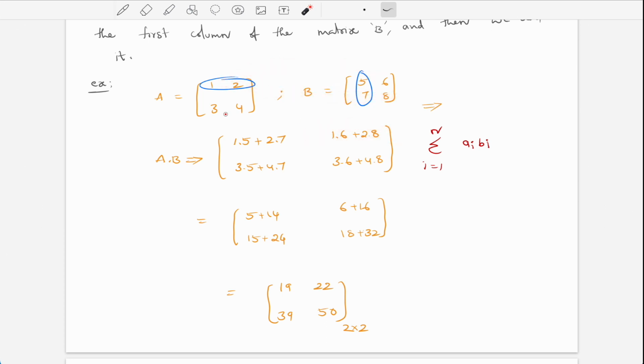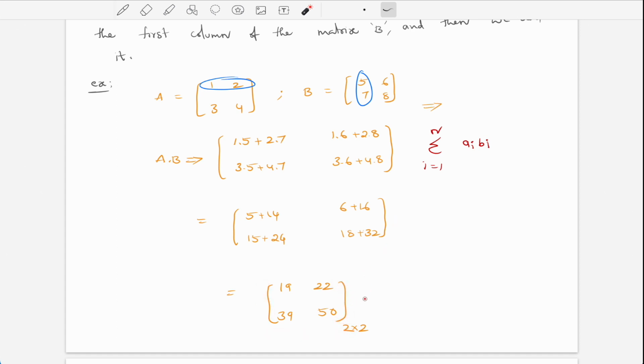I hope you're getting it. Then 3 is multiplied with 5 and 4 is multiplied with 7. And 3 is multiplied with 6 and 4 is multiplied with 8. After we do the multiplication, we get our resulting matrix.